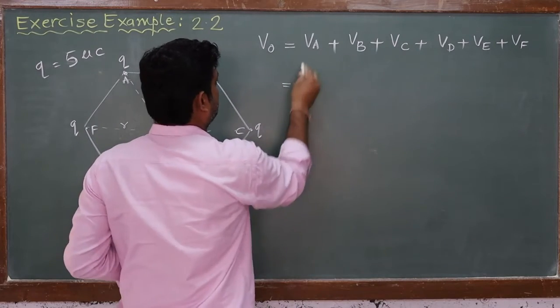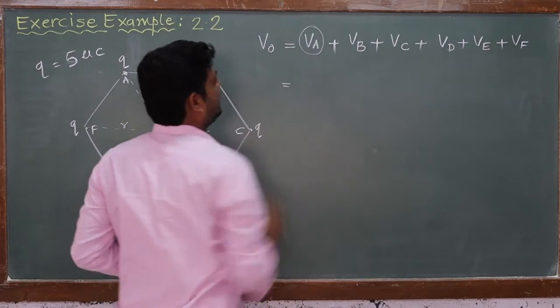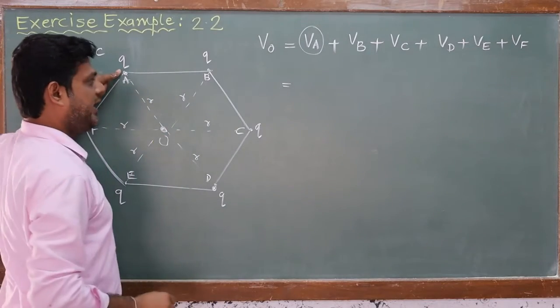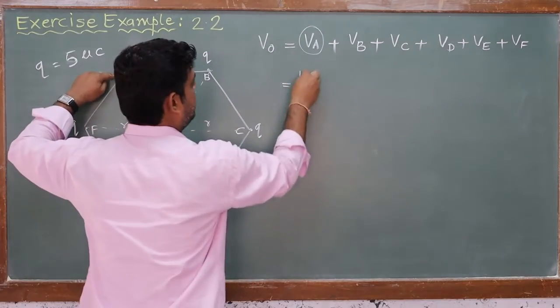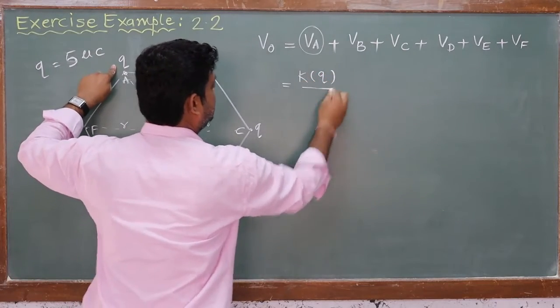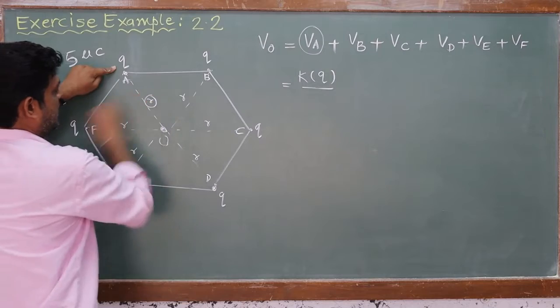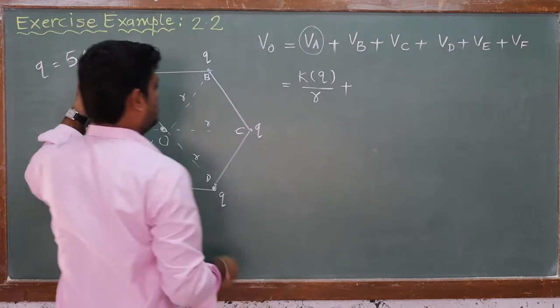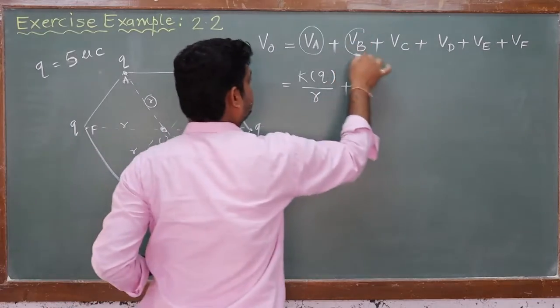Correct? What have we decided? What is VA? VA is the potential at point O due to A. So the formula will be K, the source charge Q, and the distance between them is R. So we will write KQ by R. Similarly, what is VB?